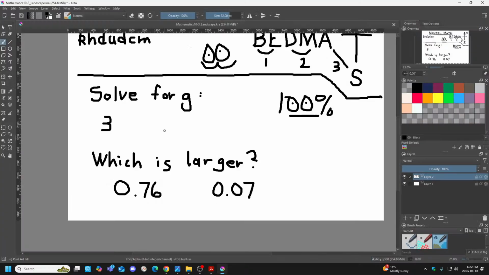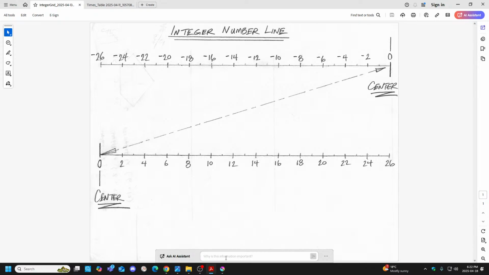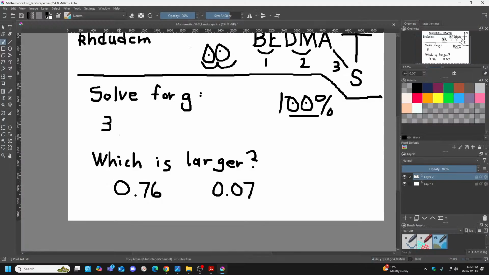Okay? So let's finish. You're going to need that. I'm telling you, you're going to need this for this problem. That's my hint. It's going to be a little bit of a tricky one, but let's see if you get it. Okay, that's it. 3 minus G equals 15.